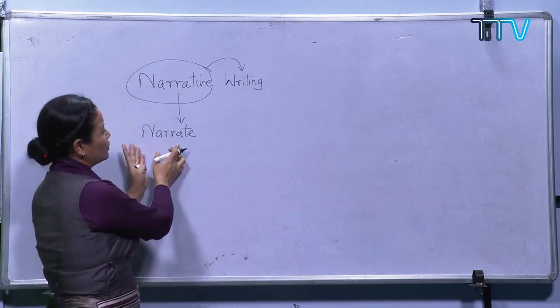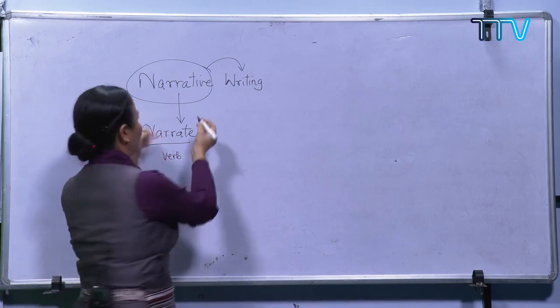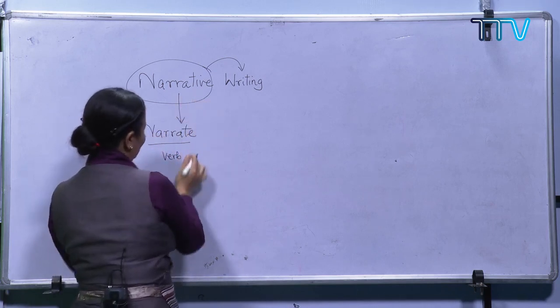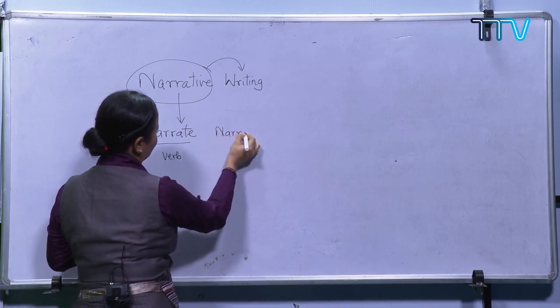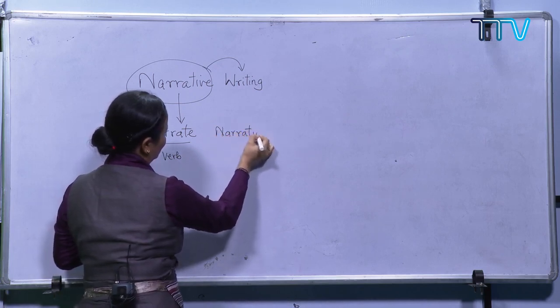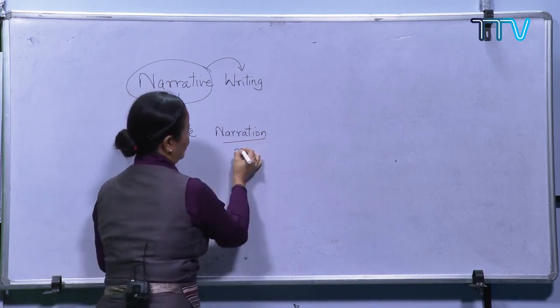So, narrate is a verb, and we can remove this E and add ION, and this becomes a noun.